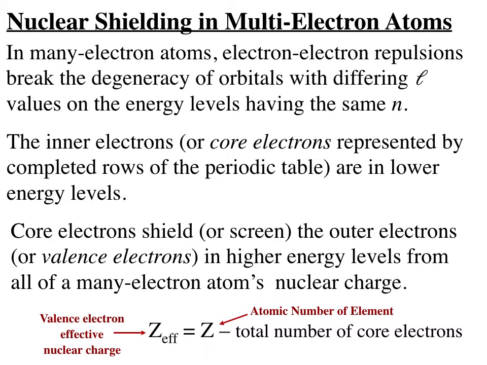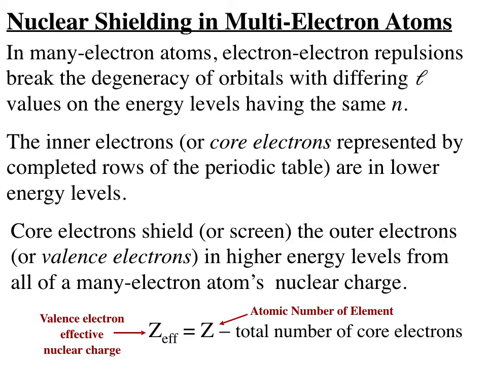In order to describe the discrepancy that many electron atom electrons experience compared to the solution quantum mechanics predicts for the 1 electron hydrogen atom, we need to introduce a couple new concepts, including what is known as nuclear shielding in the many electron atom.